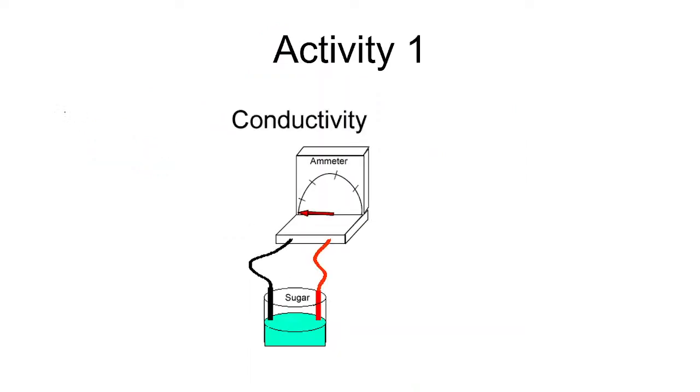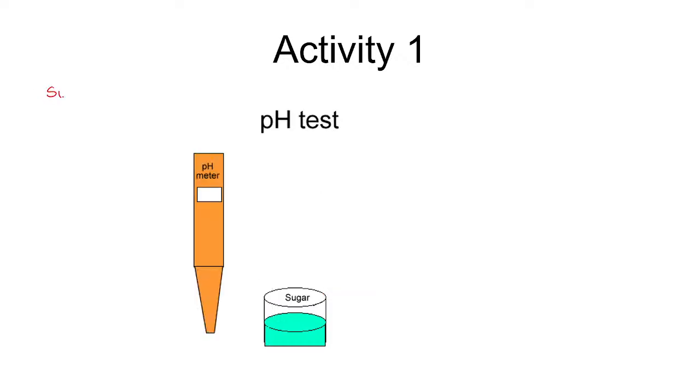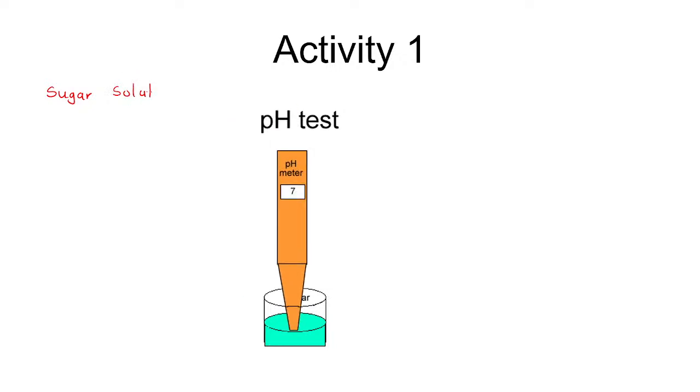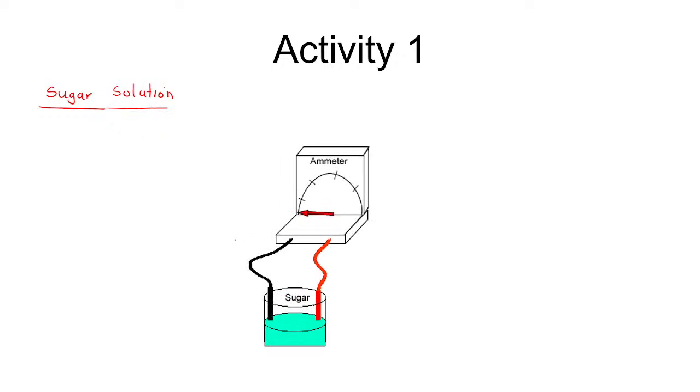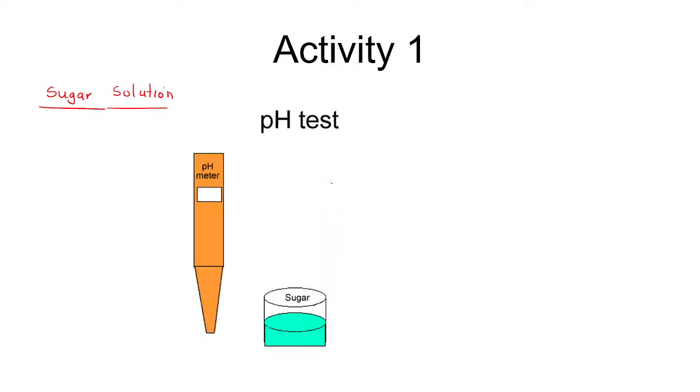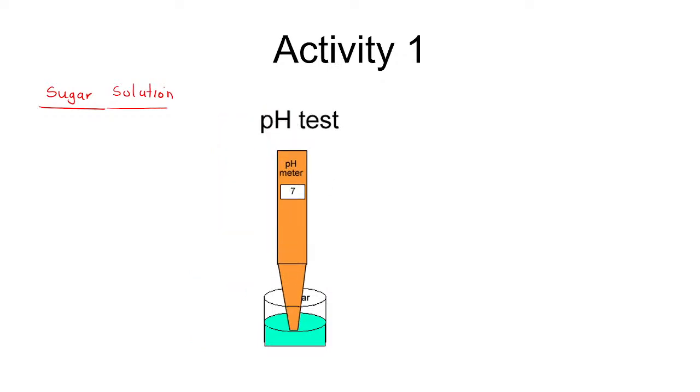Now the next liquid I have taken is sugar solution. Now check when the sugar solution is taken. See what happened. The ammeter is not showing any deflection. What is an ammeter? You are going to learn about the ammeter in your higher classes.